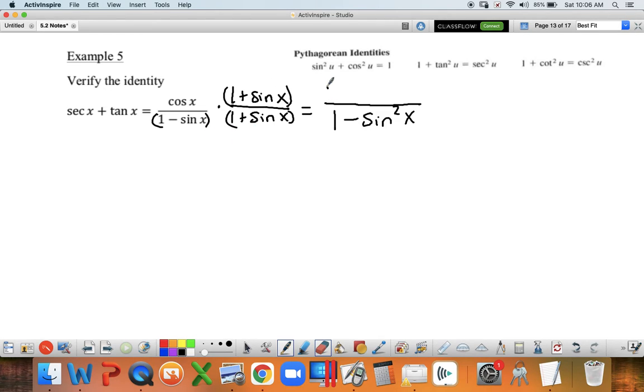In my numerator, I'm going to distribute that cosine x through. And then in my denominator, the whole point was to get it to one monomial, just one term. Well, 1 minus sine squared x, that's just cosine squared x.